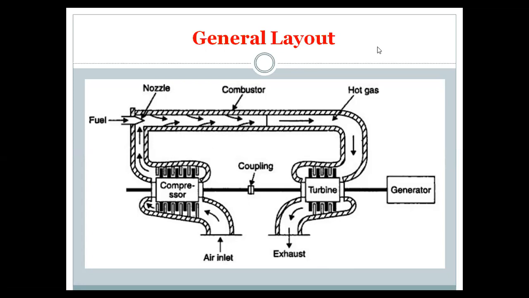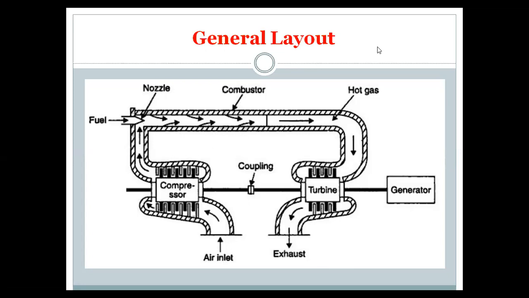In order to improve the efficiency, compression and expansion of the working fluid is carried out in multi-stage. Why are we going for multi-stage? We already discussed that topic in the component slide, compressor and turbine. When we try to achieve the higher work output with a single stage compressor, maximum stresses are induced on the blade of that turbine or on the blade of that compressor.